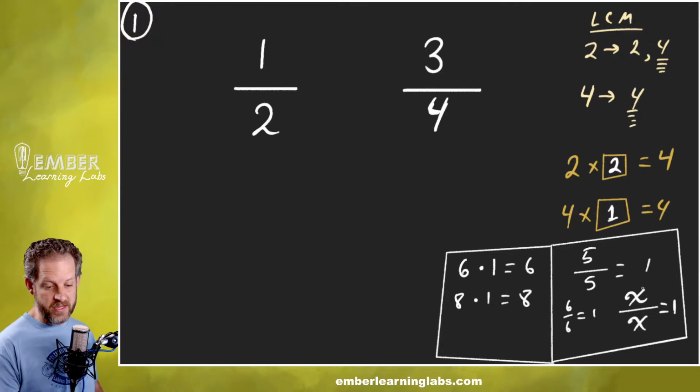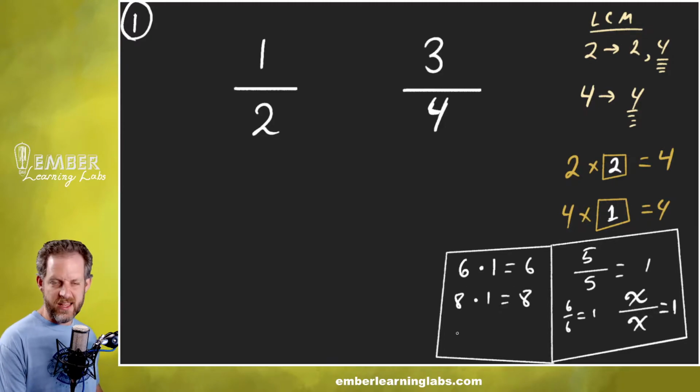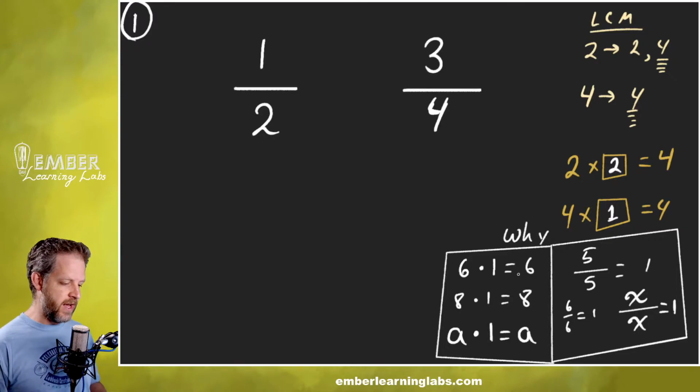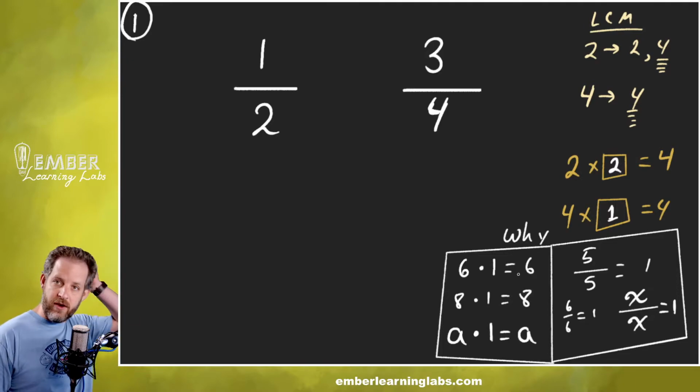So, again, if we take any letter, let's use A this time, any number, and multiply it times 1, it stays the same number, okay? So this is the why of what we're about to do. We'll also take a look at it with our equivalent fractions.